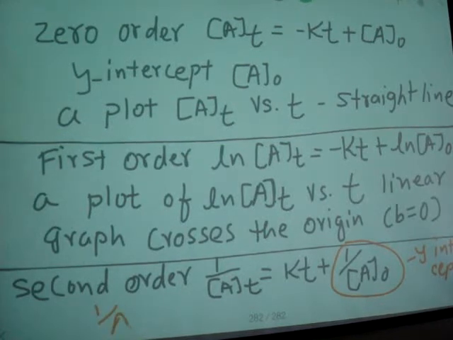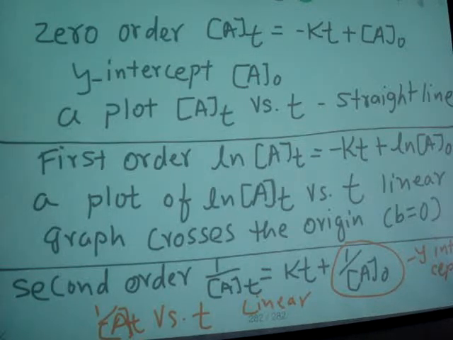Okay, you get a linear line. So that way you can find graphically. You can use graphs of concentration versus time, and then you can determine the order of the reaction.